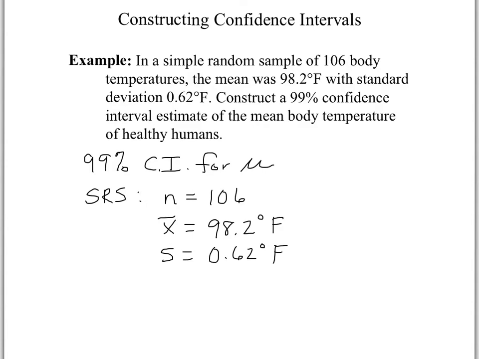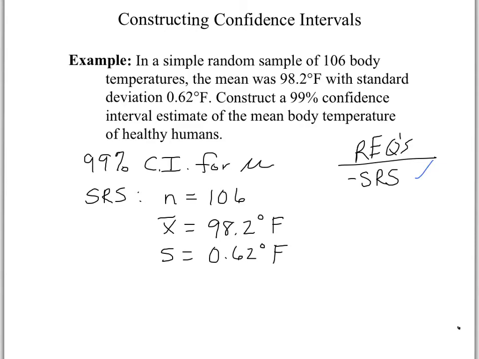So it's very important to identify here when we look at our requirements for a test for a mean. Our requirements are going to be that we have a simple random sample, and we can check that. Yay, we do have a simple random sample.